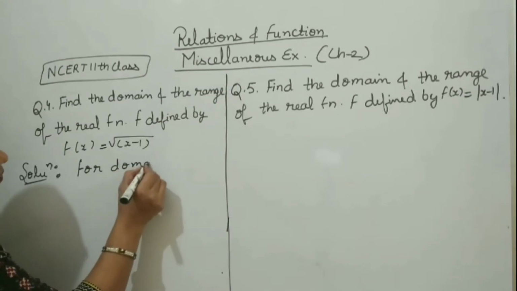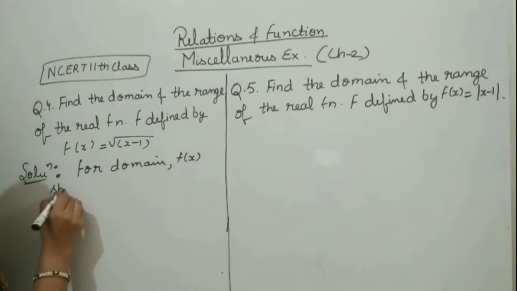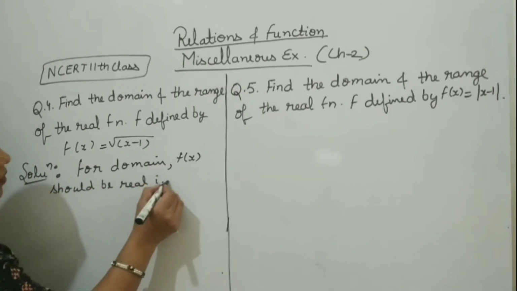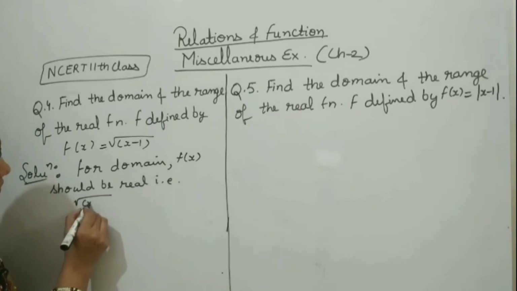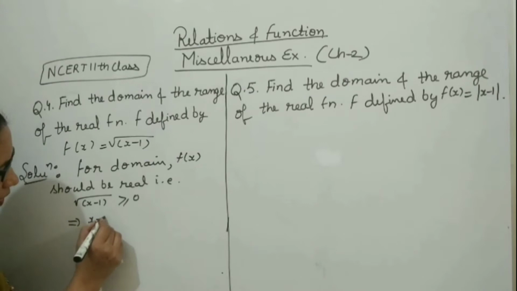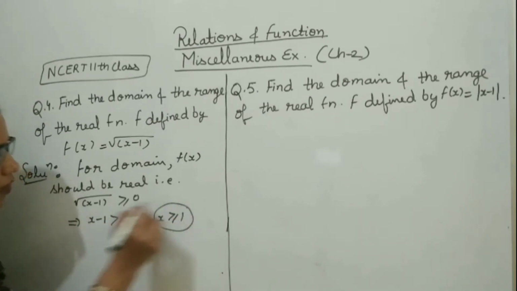For domain, your f(x) should be real, that is, under root x minus 1 greater than or equal to 0, or x minus 1 greater than or equal to 0. It means x will be greater than or equal to 1.